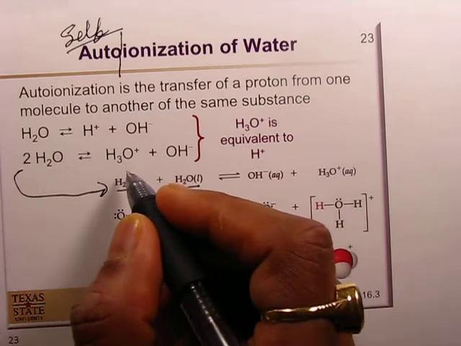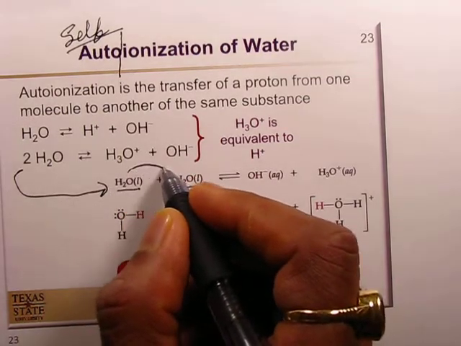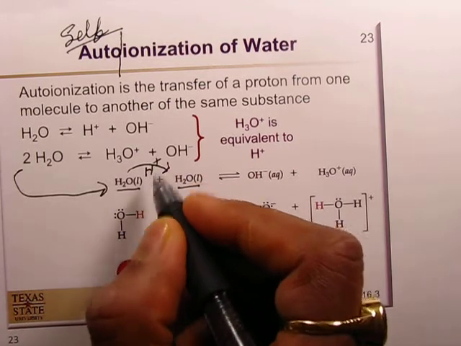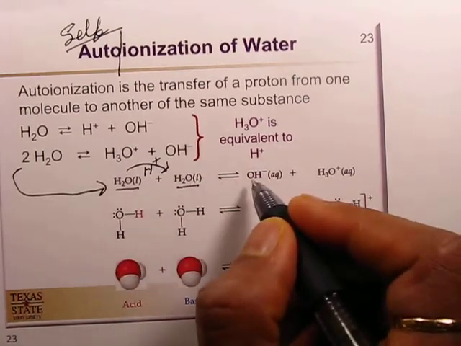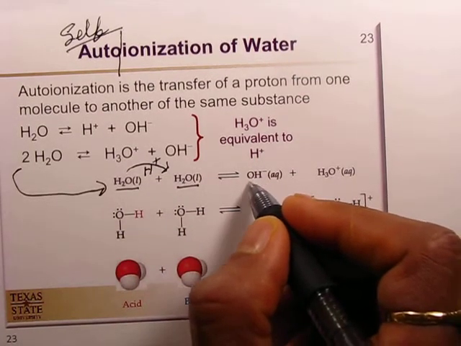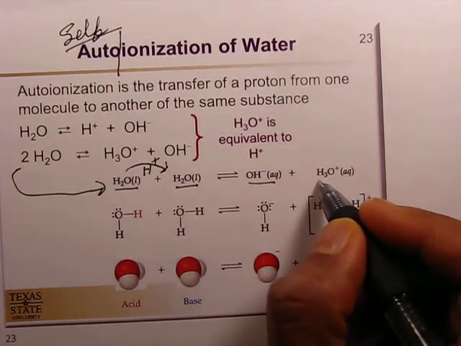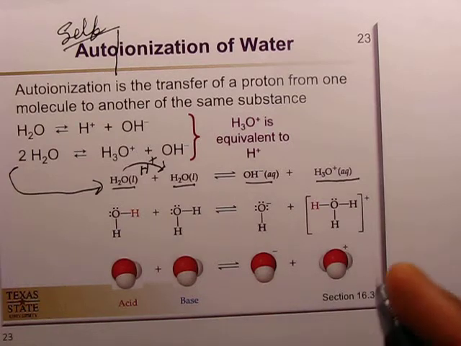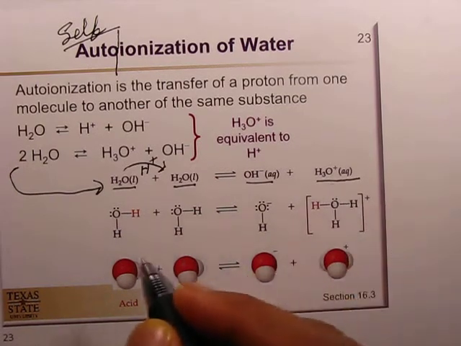So for an example, if this water molecule is transferring its proton to this molecule, it will be left as a hydroxyl ion, OH-, and H3O+ will form.